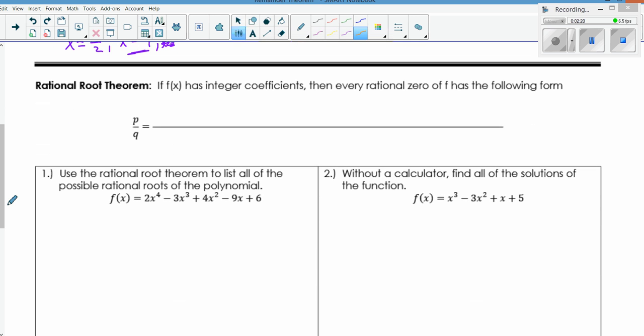So rational root theorem says, if f of x has integer coefficients, then every rational zero of f of x has the following form, p over q.